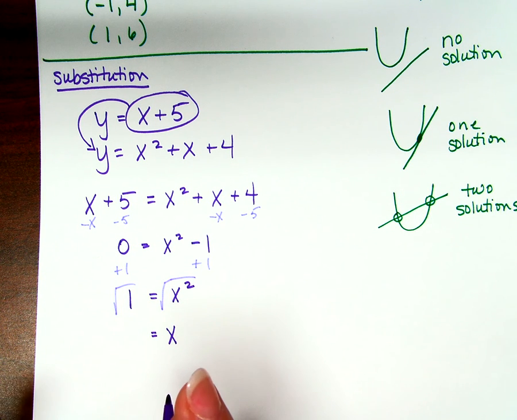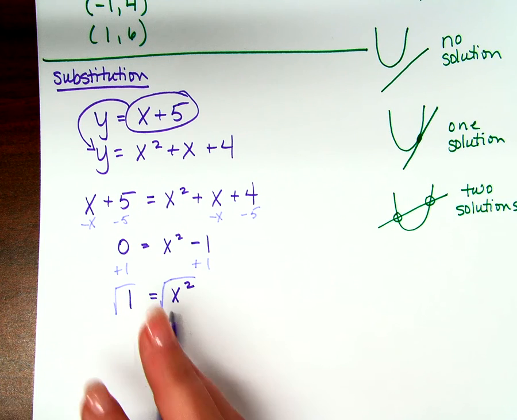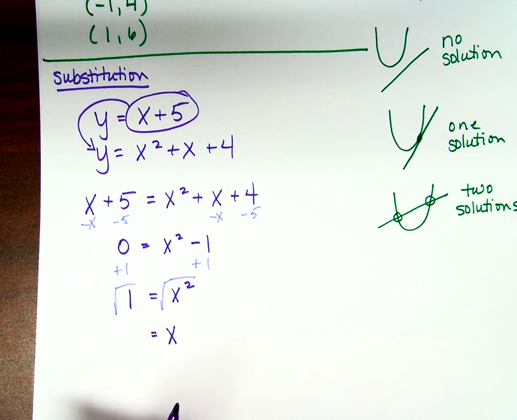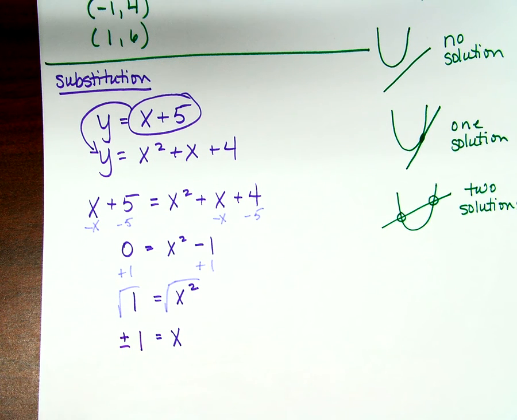What is the square root of 1? What times itself equals 1? I agree with that, but what else times itself equals 1? Negative 1. Plus or minus 1. Remember that? Good. You just forgot part of the answer. That's what you did wrong.